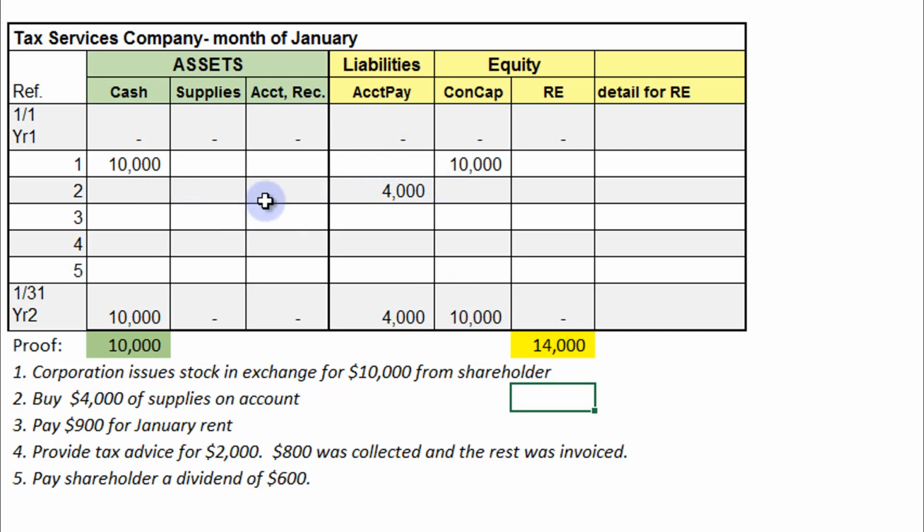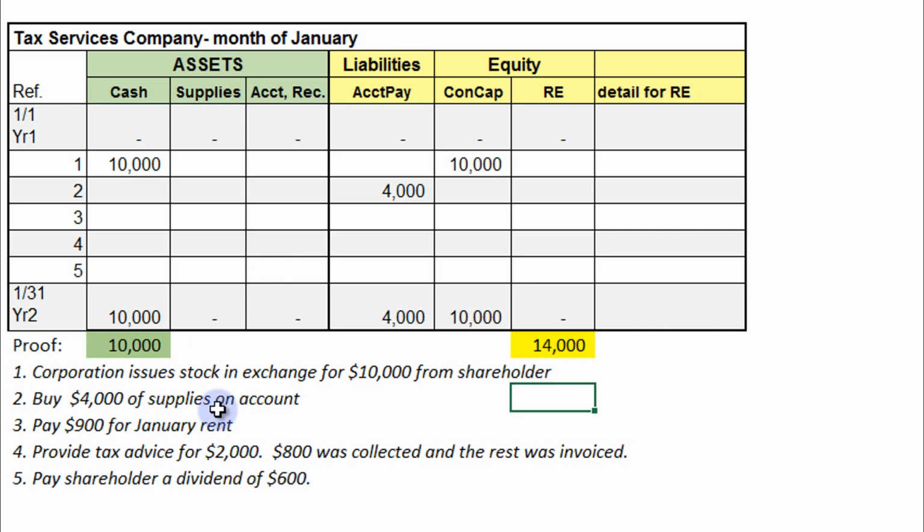Now let's think about the other side of the transaction. Think about our definition. An asset is something that's going to provide benefit beyond the end of the current accounting period. An asset is something that benefits us in the future. An expense is something we've used up in this accounting period in the process of generating revenue. Well, what about this $4,000 of supplies?